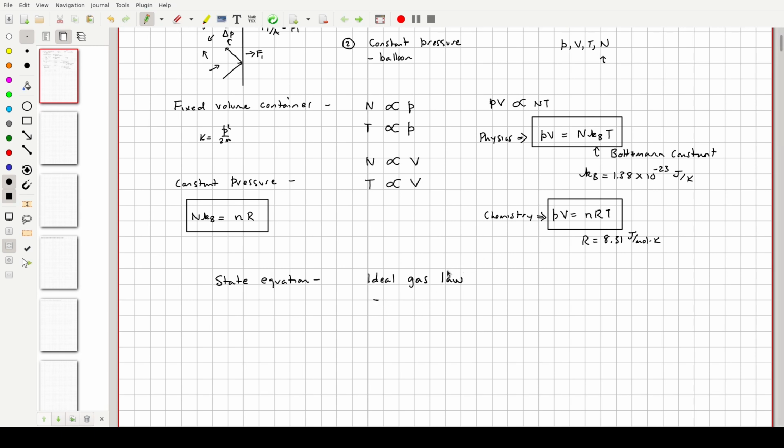And under the ideal gas law, we make a handful of assumptions. The first assumption is this, that the particles of gas are identical.